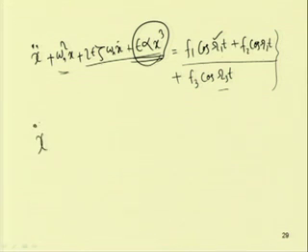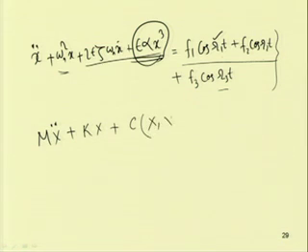So, I can write this equation in this form, that is m x double dot plus k x plus, so I can have some other matrix which will contain the damping C as a function of x dot, and we can have another matrix or damping matrix which will be a function of x dot.